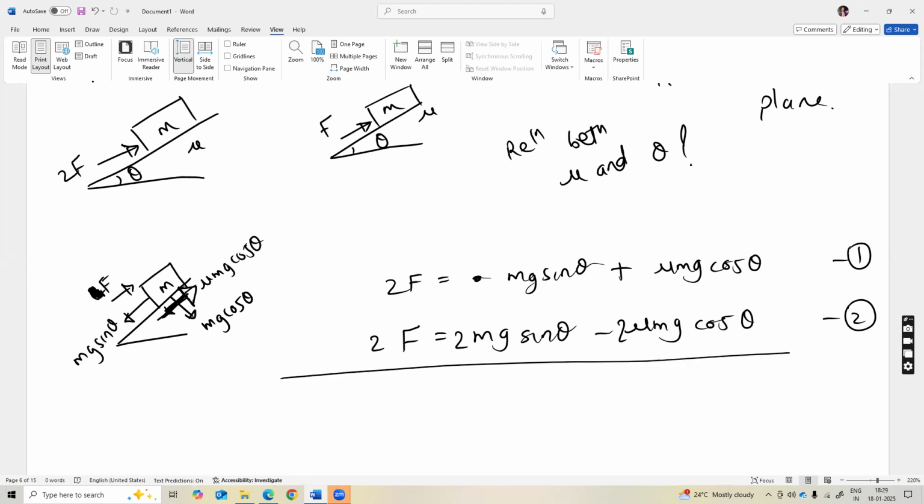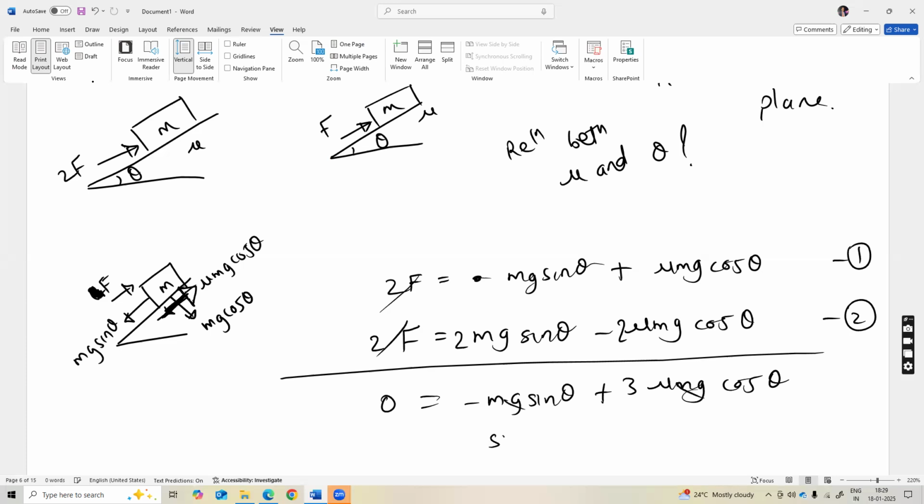Now, if we subtract equation 2 from equation 1, the 2F will get cancelled and you will get 0. mg sin theta minus 2mg sin theta will give you minus mg sin theta, and mu mg cos theta minus 2 mu mg cos theta will give you plus 3 mu mg cos theta. So mg will get cancelled first.